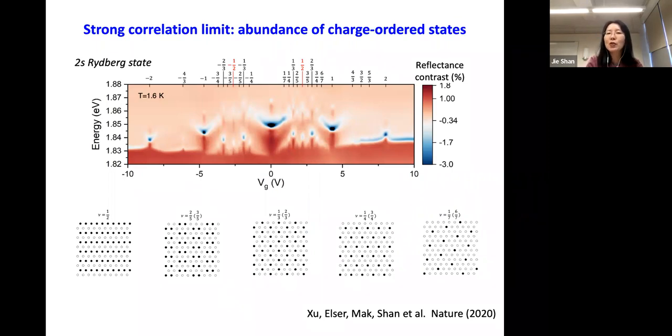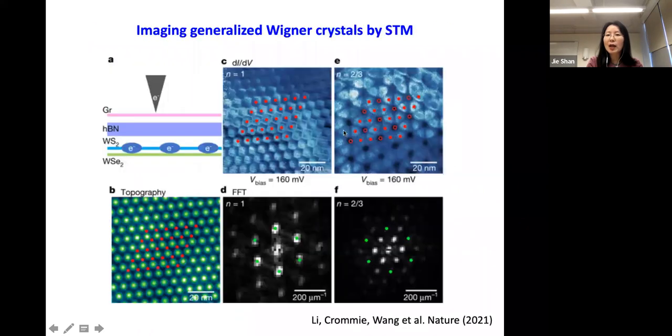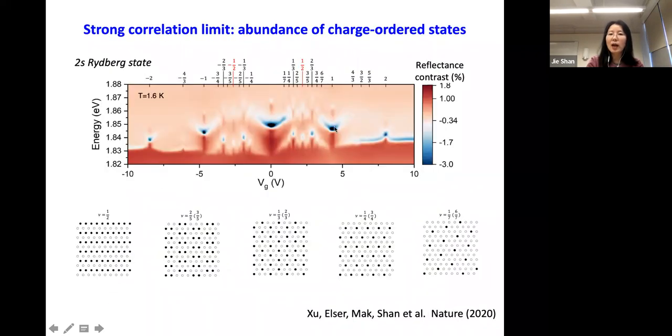I would like to tell you a bit more about the other interesting features we observe in this picture. We talked about this one and this one, which is just the band gap, so it's an insulator. But how about 1/3, 1/2, 2/3, and even weaker ones?